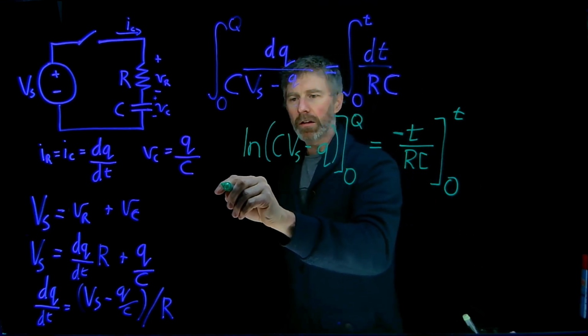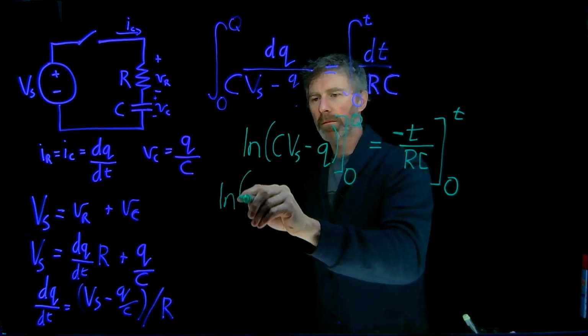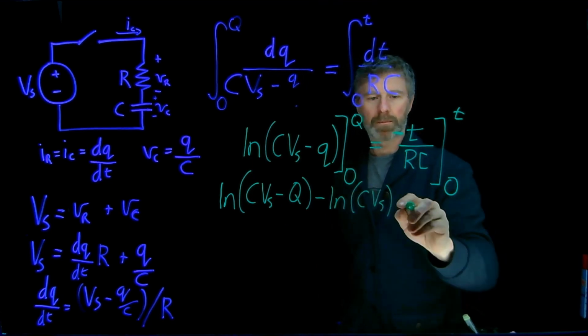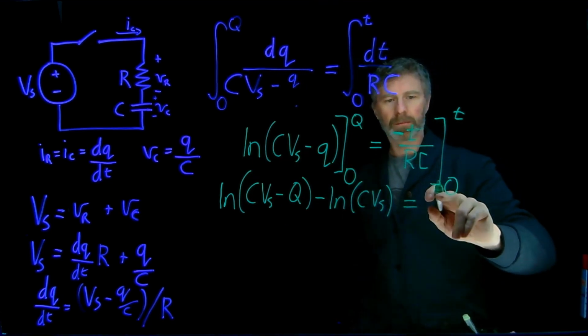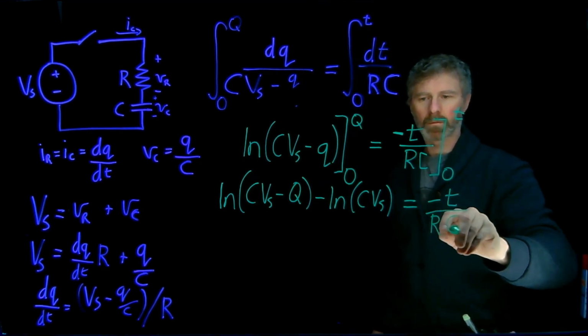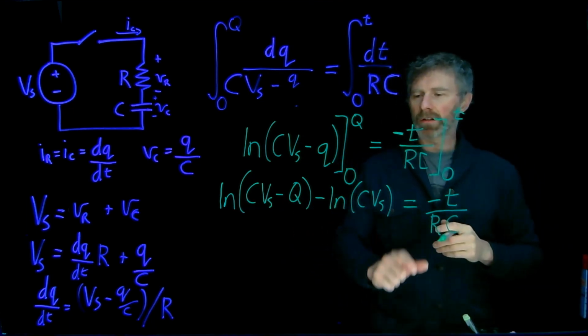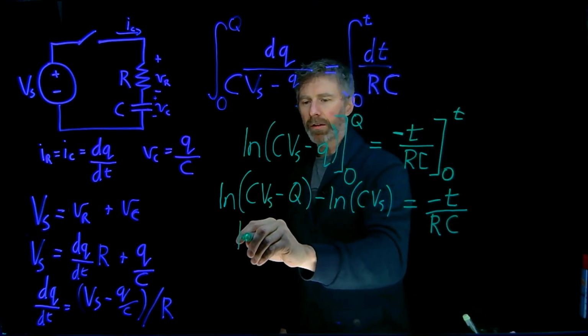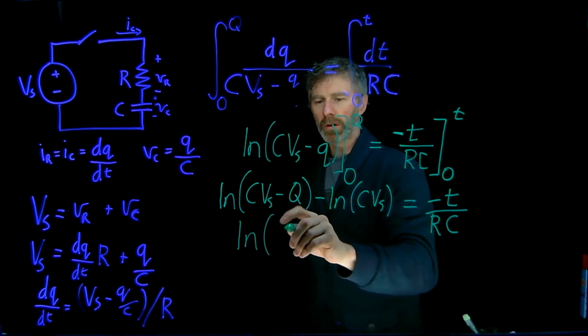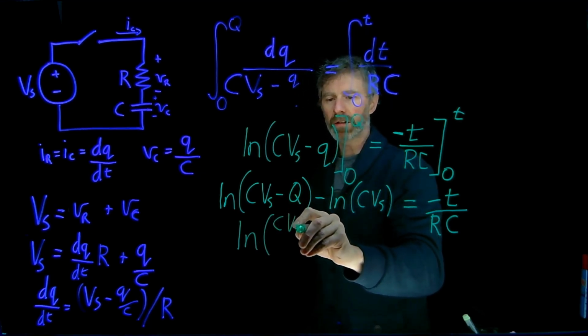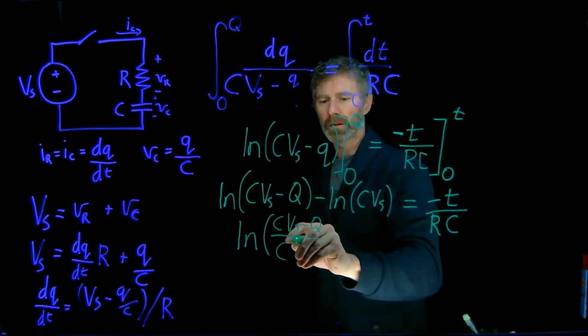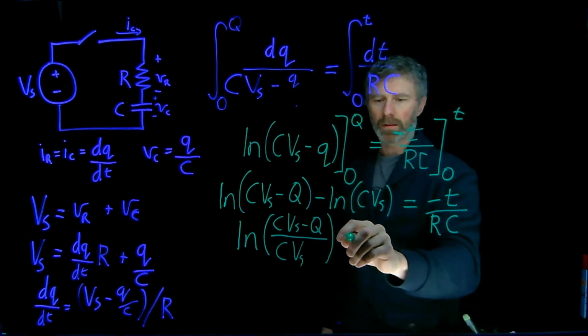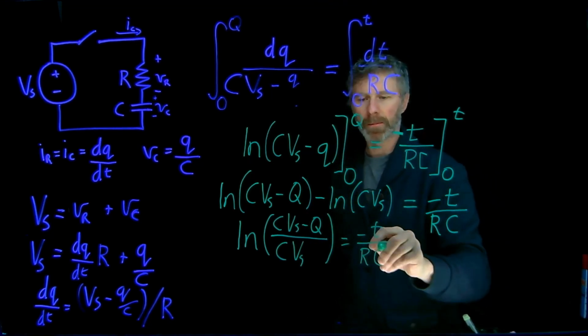and what I'm going to get here is log, and over here I've got log of something minus log of something, so I can put that all together in one log expression, CVS minus q over CVS, and that equals negative t over RC.